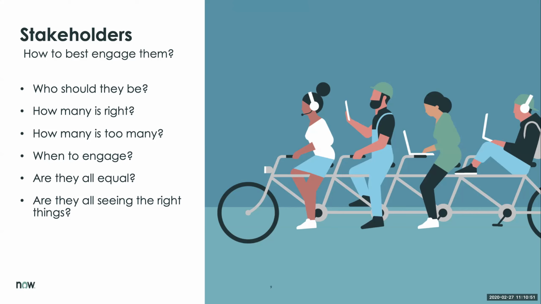You can control not just when they are engaged, but also what they are seeing. You don't necessarily want to reveal everything within a project to a stakeholder, because there's a lot of back end work that they just don't need to see. It's just going to be more noise and confusing to them. You want to make sure that the information they are seeing is key to the decisions that they have to make throughout the process.